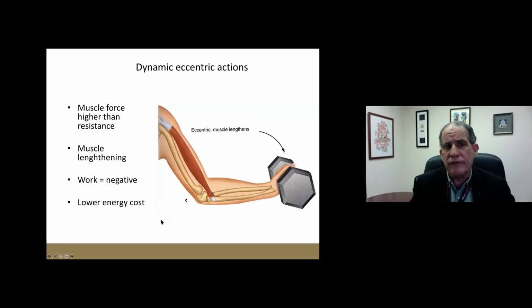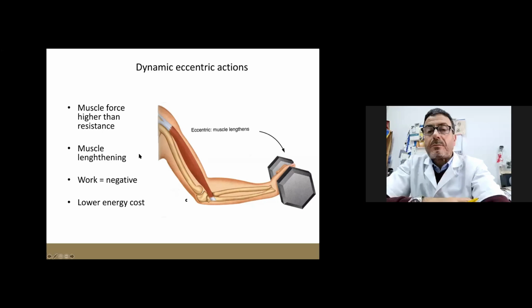The standard definition of an eccentric action, of course, is that there is muscle lengthening. The origin and the insertion of the tendon actually become apart, so there is more distance between those two. And one advantage is that there's lower energy cost.